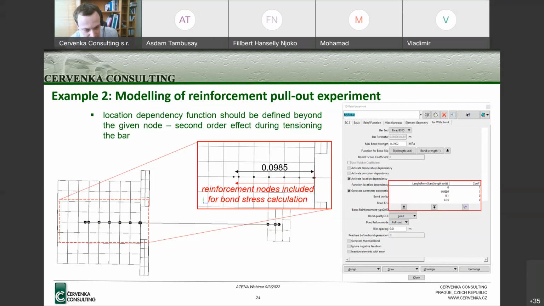This usually depends on the model, how to set the cohesion and tensile strength for the reinforcement and how to define the softening function. This is a different topic. Maybe we will prepare a separate webinar for some other time. But the general answer for this one is that it needs to be calibrated based on experimental data.